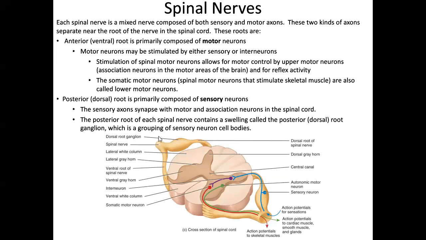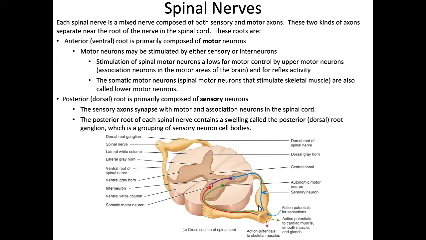Just before connecting to our spinal cord, each of those spinal nerves forks. One fork goes to the front of the spinal cord, one goes to the back. The one that goes to the back, we call the dorsal or posterior root. And inside of that dorsal root are sensory neurons.